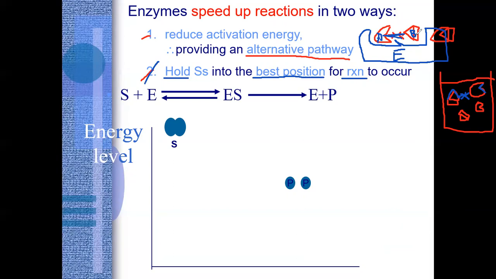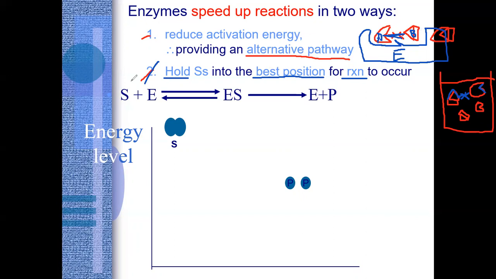You don't have to keep turning around, trial and error, until finally your hands can hold each other. That's why it's very slow without the enzyme, because you have to keep trying by chance. But here, no need. Just sit in, can hold hands already. So that's why it's very fast. So this is the first reason why enzymes speed up the rate of reaction: the enzyme holds the substrates in the best position for the reaction to take place.